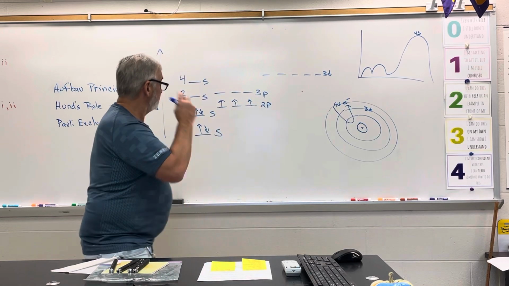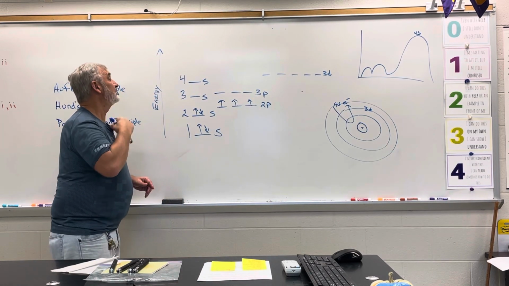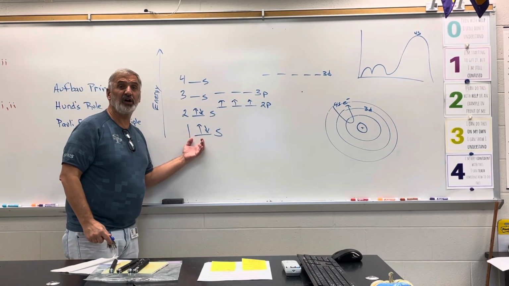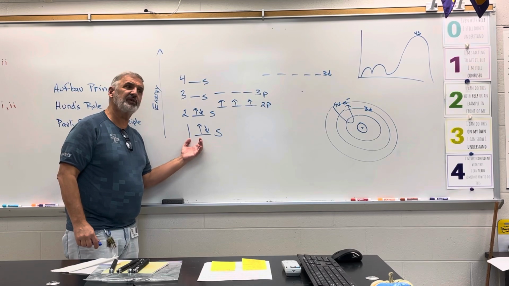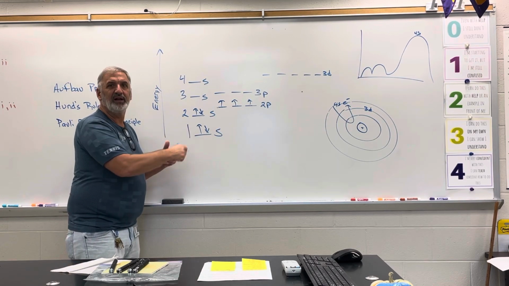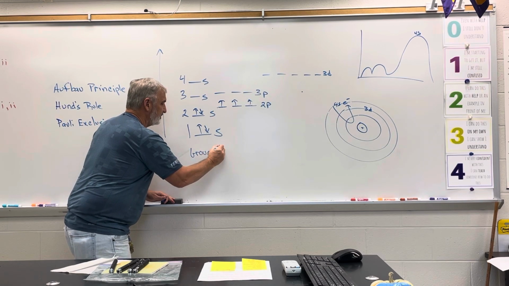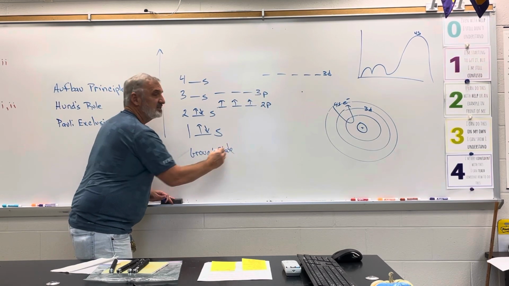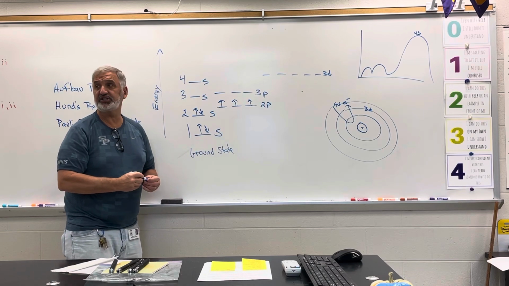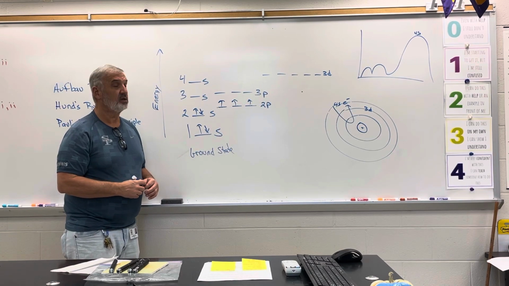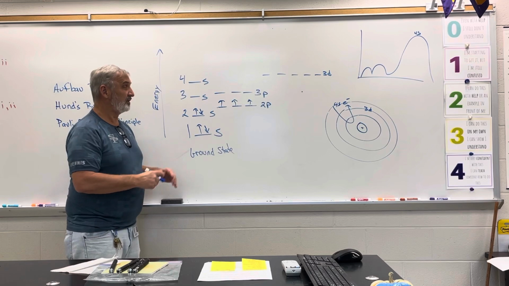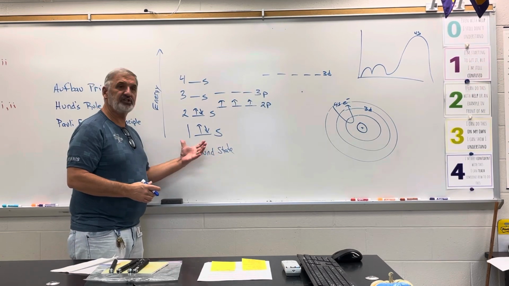Now, whenever we draw our electron configurations, 1s2, 2s2, 2p6, in the normal way, that's always going to be called the ground state. Ground state means non-excited state, the lowest possible energy state. Not ionized, like not +2. Non-ionized is just the lowest energy state.